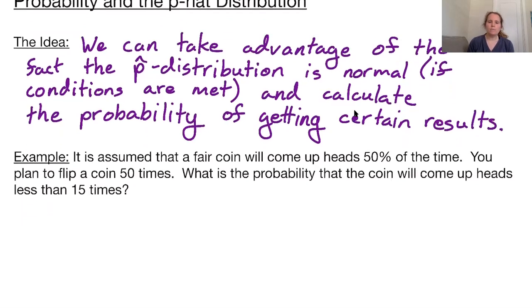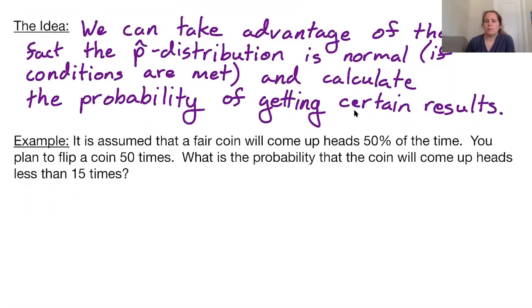So, for example, it is assumed that a fair coin will come up heads 50% of the time. You plan to flip a coin 50 times. What is the probability that the coin will come up heads less than 15 times? So we're assuming that a coin will come up heads 50% of the time, so that is our population proportion. We are assuming that p is 0.5.